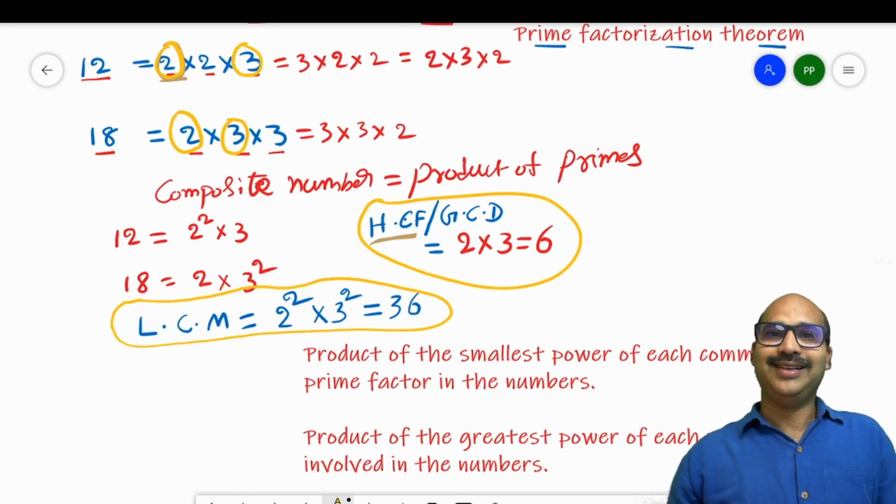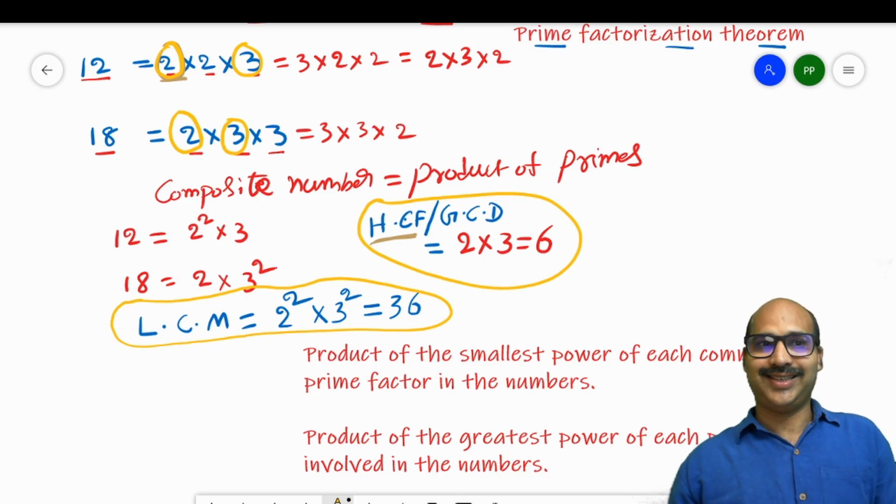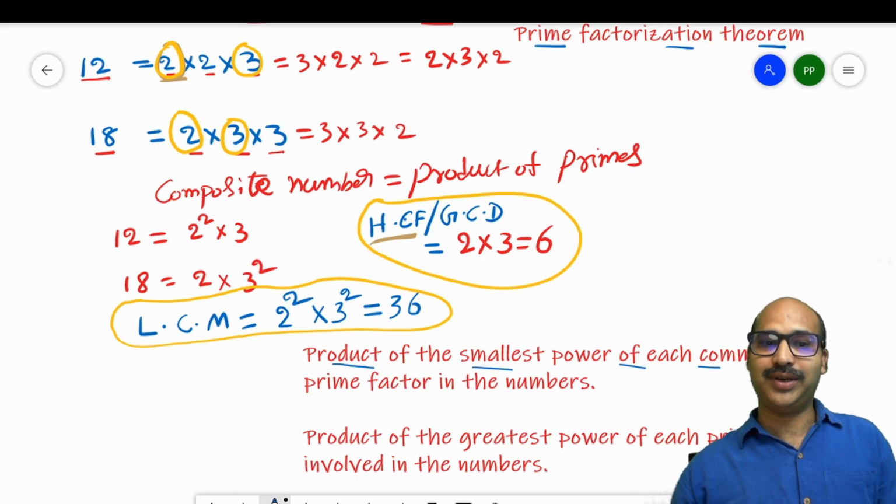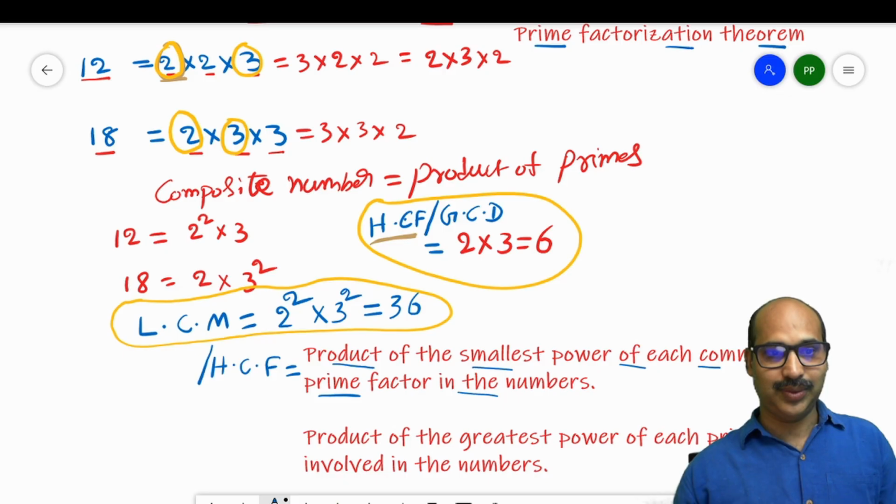Now let us understand this in the form of statements. The product of the smallest power of each common prime factor in the numbers is equal to HCF, highest common factor, also known as GCD, greatest common divisor.